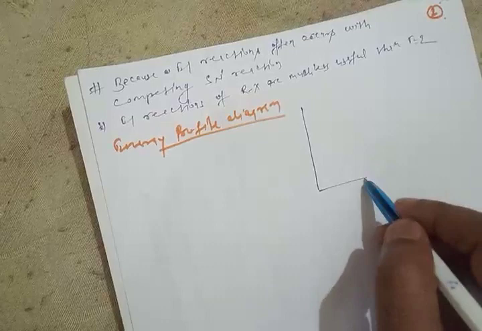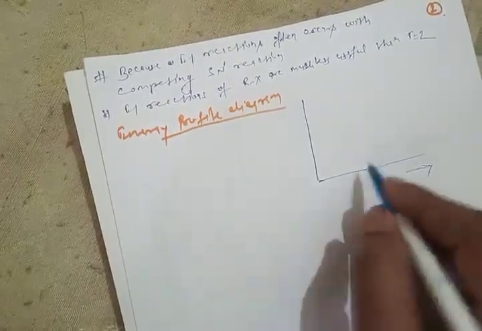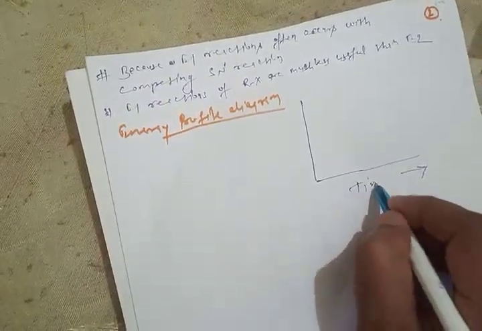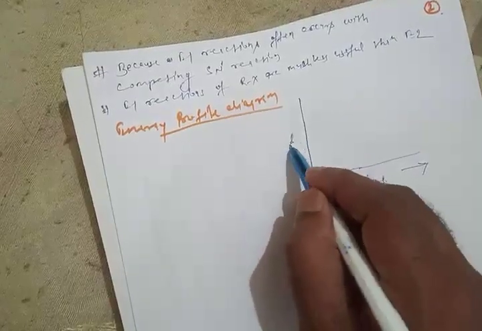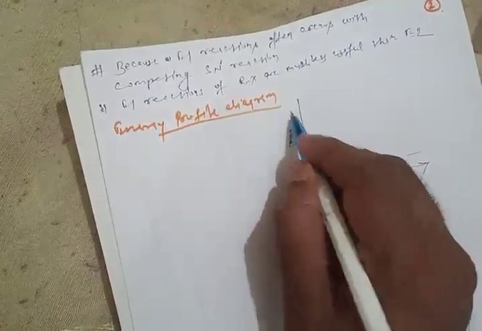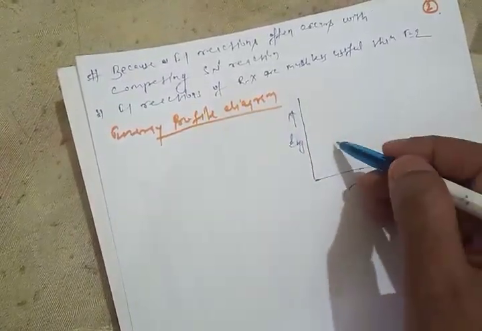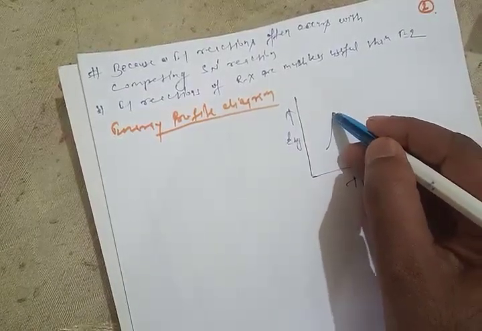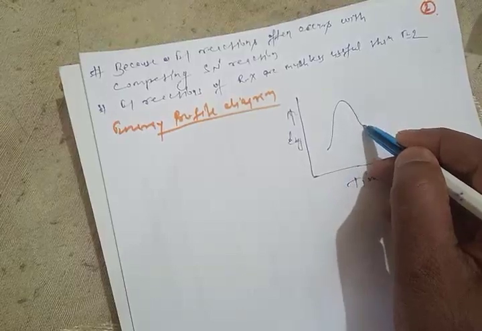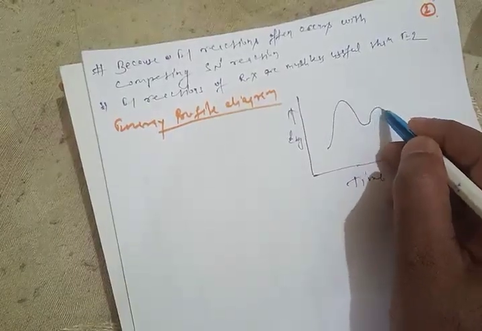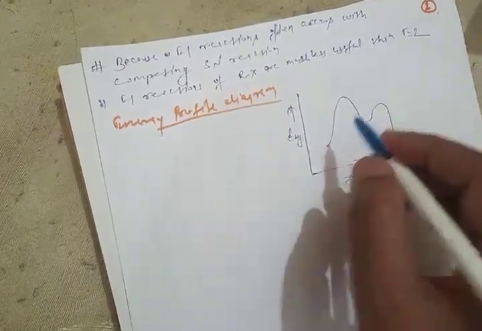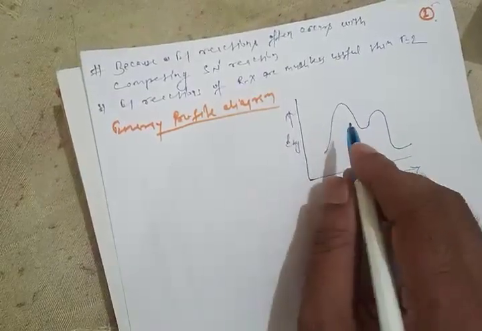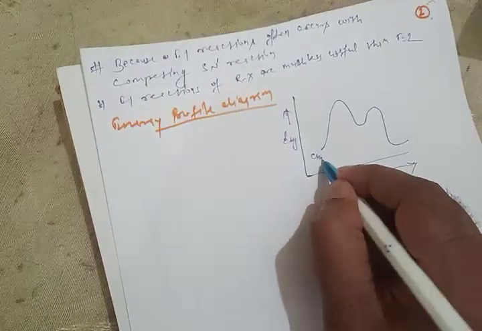This is the reaction path, or time, and this is the energy. It is a two-step process, so the pattern will follow like this. We already discussed this in SN1, so I'm not going into much detail.